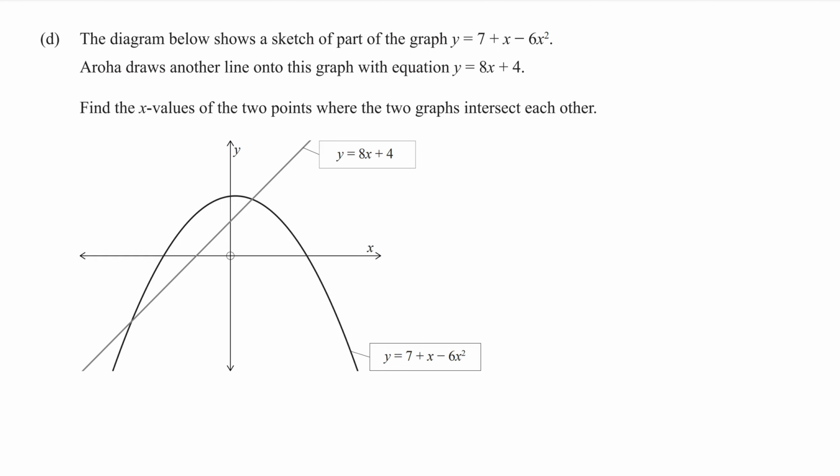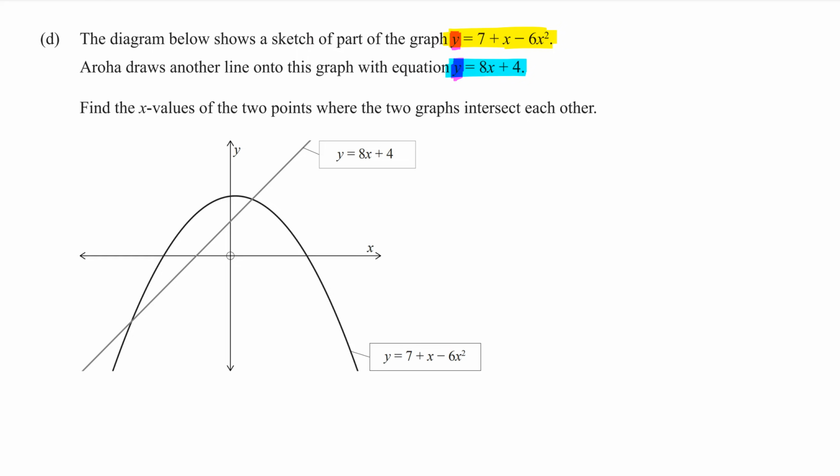Basically, what you have is an equation of the graph here, which is the parabola that's given there. Then you've got the equation of a straight line. Now, all you're trying to figure out is the x value of where those two points happen. In other words, you just have to put the yellow equation equal to the blue equation. The reason you put them equal to each other is because of the y.